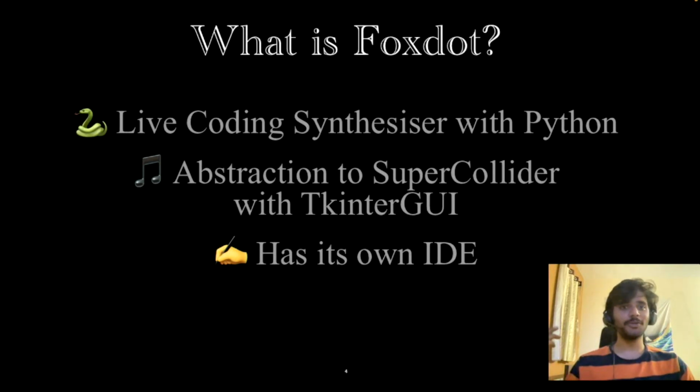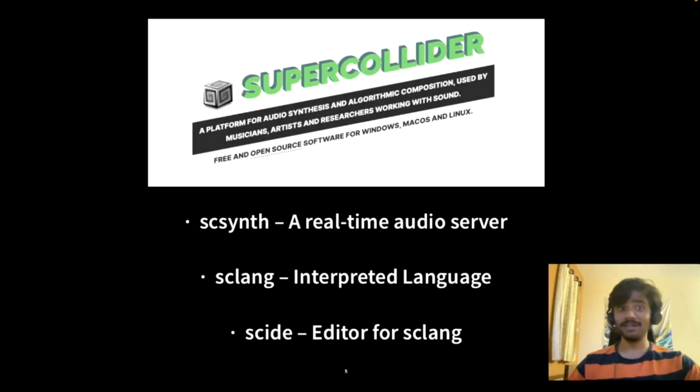But how is FoxDot doing it? It's doing it with the help of this other really amazing software called Supercollider. FoxDot is just an abstraction on top of Supercollider with a GUI. It has its own IDE, but in the end, it's just an abstraction on Supercollider. And Supercollider is the real hero. It is an amazing platform which is made up of an audio server.